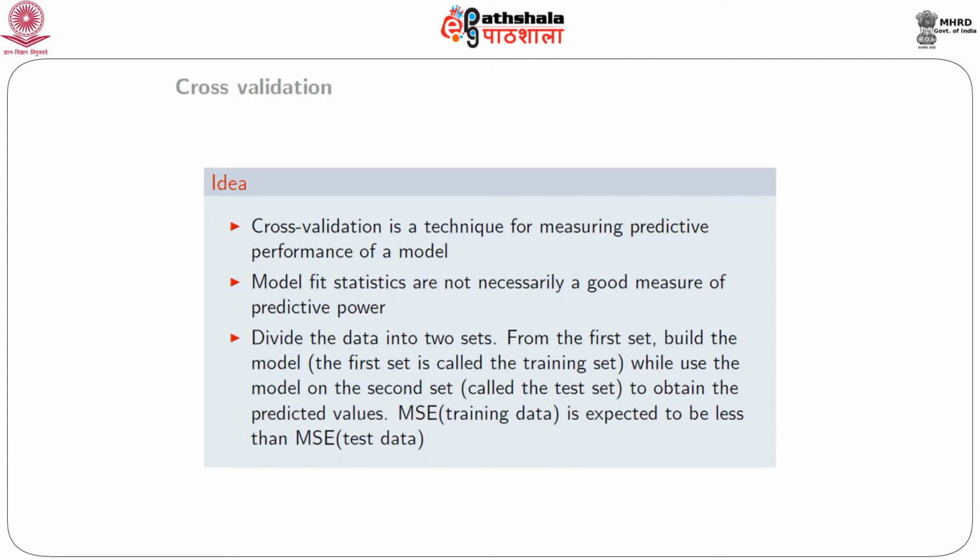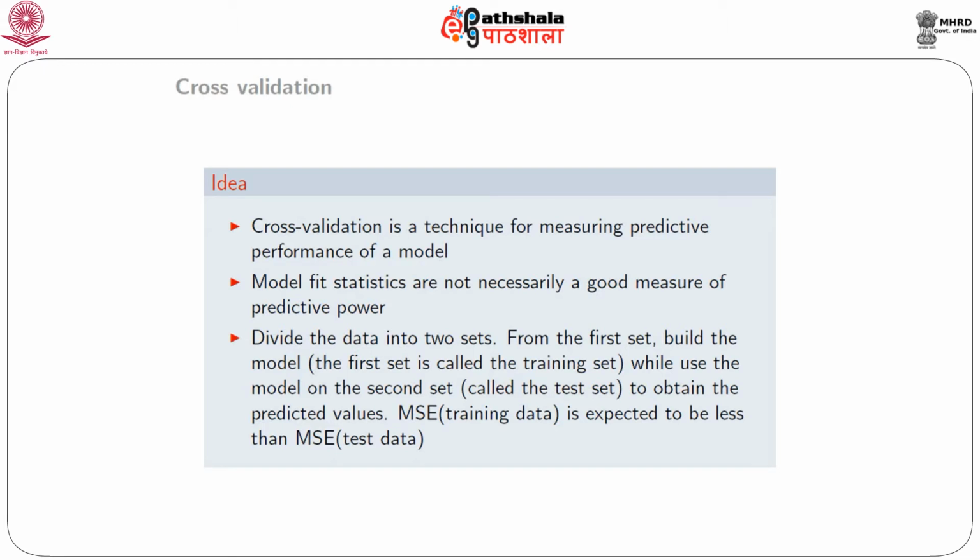Cross validation is a way of measuring the predictive performance of a statistical model. Now, generally model fit statistics like R square do not necessarily mean how good a model will predict. It says, given the model, how good is the fit, and one can tweak the R square values by introducing more and more explanatory variables. That is, it is easy to overfit the data by including many degrees of freedom, and then it inflates the R square value.